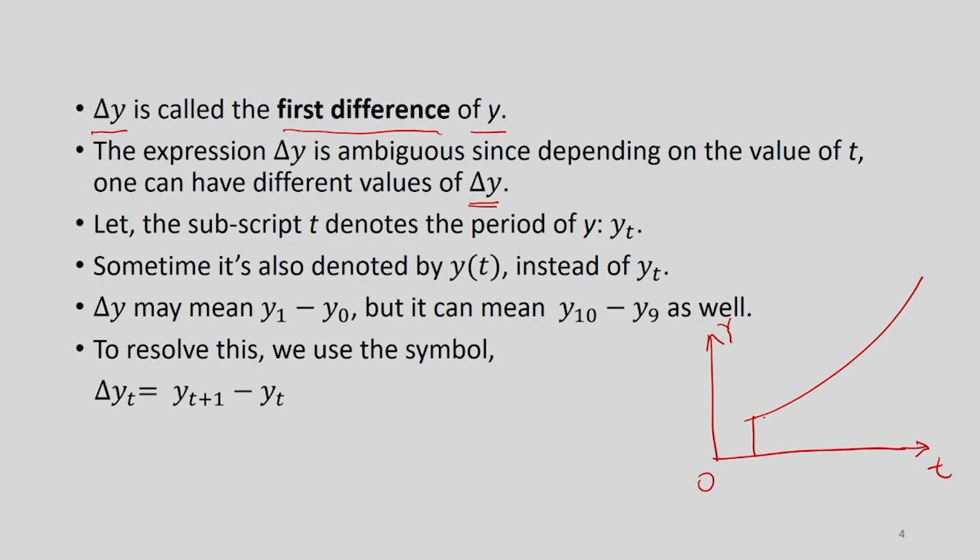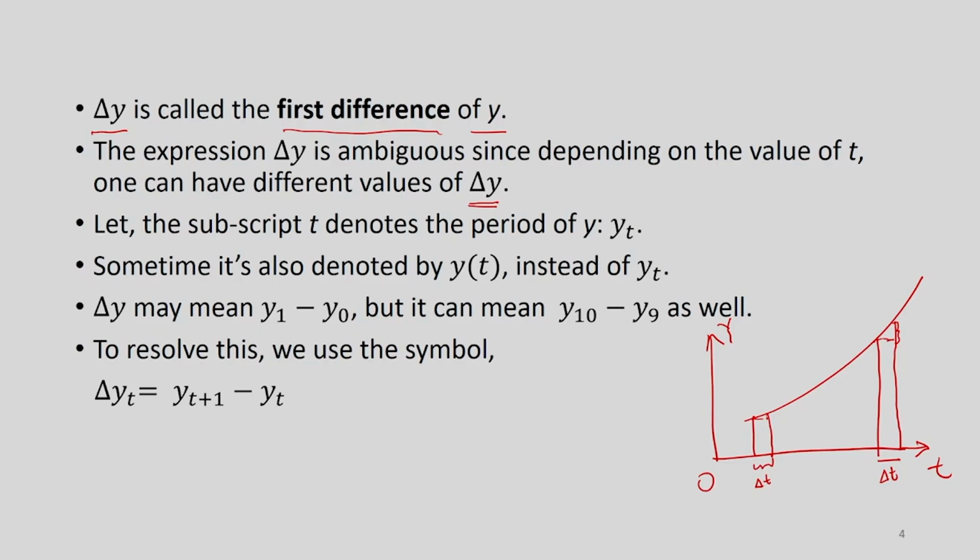Now, if you take this change in t, so this is delta t, which is equal to 1, then here you can see the change in y is very small. Whereas, if you take the same change in time here, the change in the variable is quite large compared to here. So, delta y is an ambiguous expression. It can change depending on what t we are considering, right? What is our reference t?